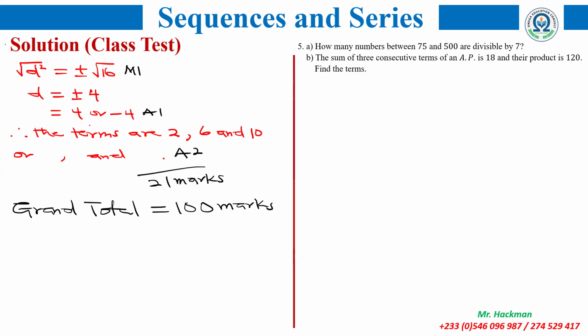The second one, if your A is 6 and your D is minus 4, then you are going to get A minus D, so it will be 6 minus 4, so that will give us 10. All correct. Then you keep on adding minus 4. So 10 plus minus 4 will give us minus 6.